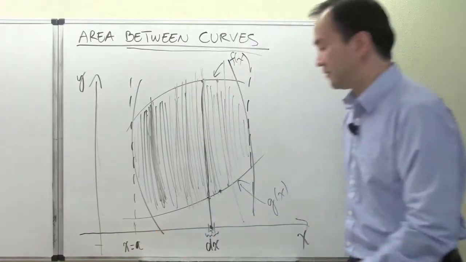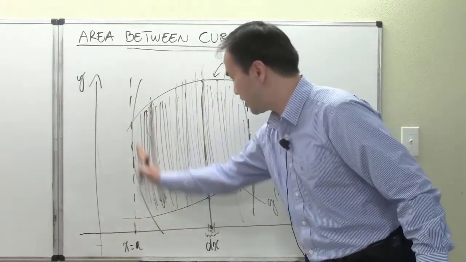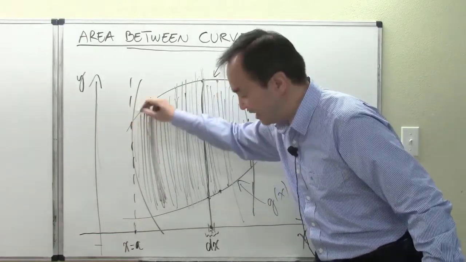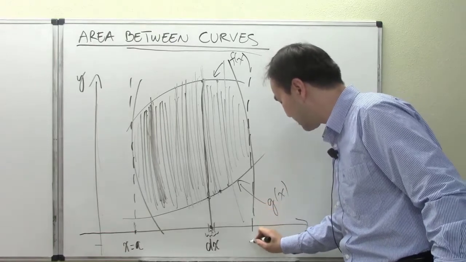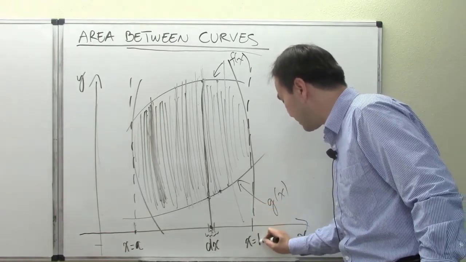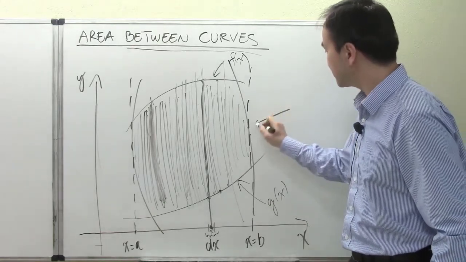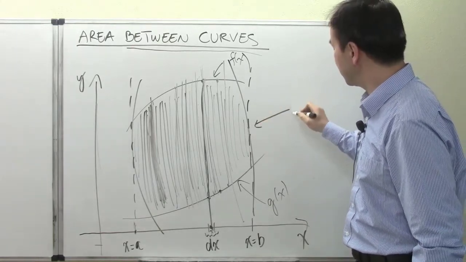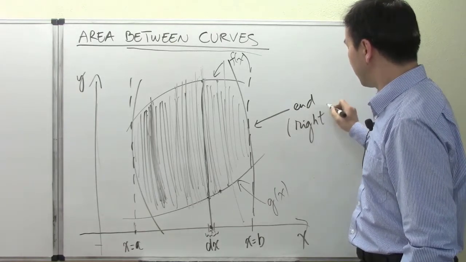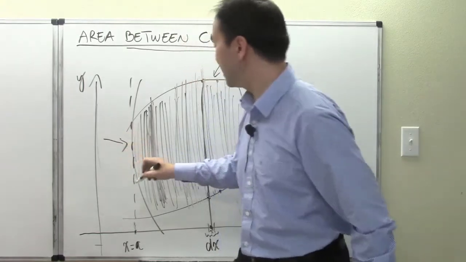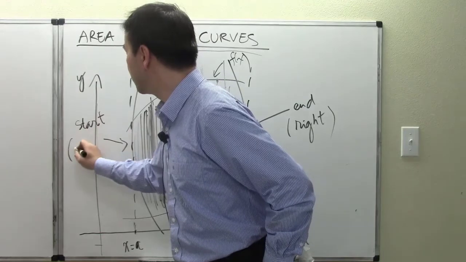So on the x-axis, at some value x equals a, that's where we start our stripes, and we start accumulating up to some ending x value on the x-axis. From the left to the right, this is an ending, and this is the start, the left end.